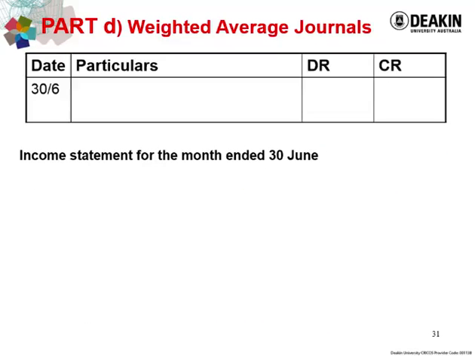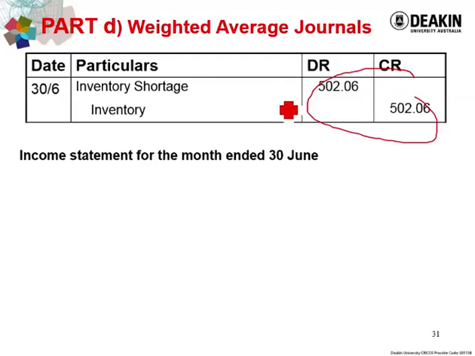And finally, we have to also record the stock loss, because as mentioned, our record shows that we're supposed to have 450 units on hand, but the stock take tells us that we only have 448 units in the warehouse. So to account for the 2 units loss, we debit inventory shortage expense, credit inventory 502.06. Please refer to stock card for this figure.